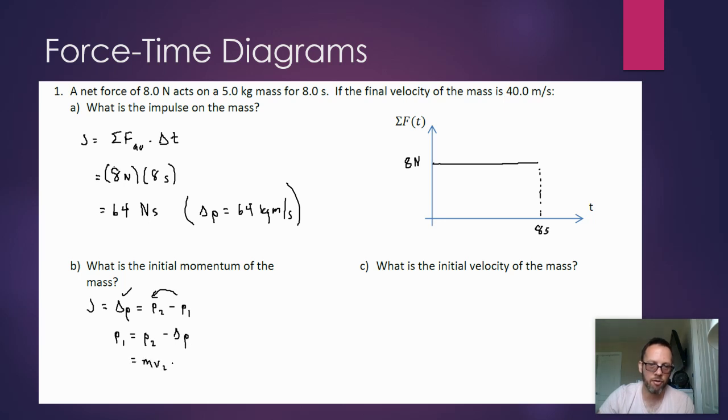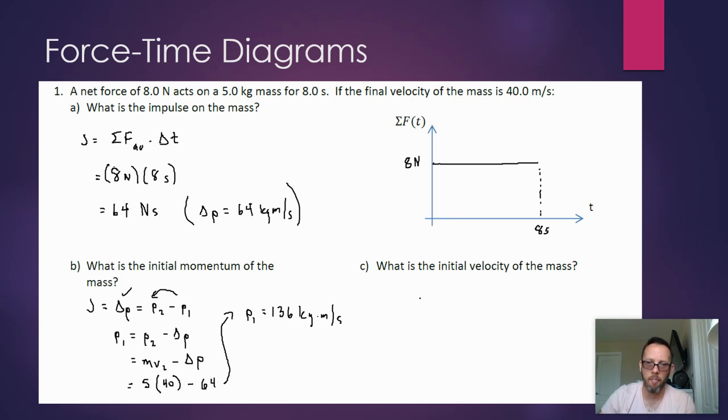That's mv2 minus delta p. It's a 5 kilogram mass. At the end, it's moving at 40 meters per second. And the change in momentum is positive 64. So the initial momentum, that's 200 minus 64. That is 136 kilogram meters per second.